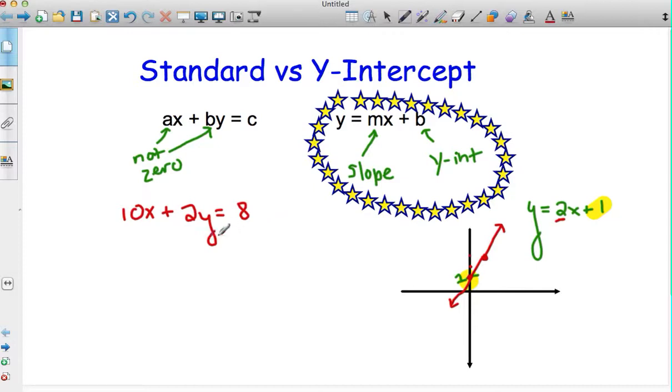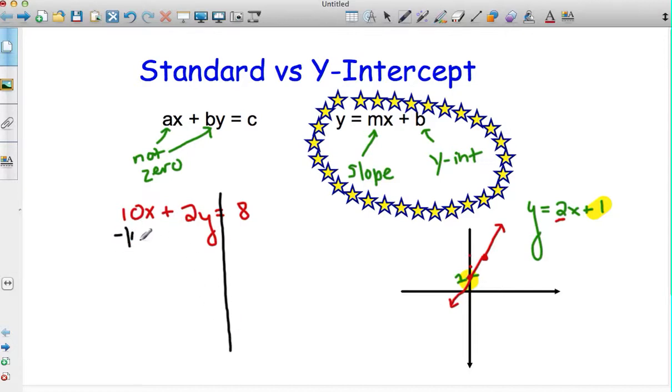If I were to ask you to graph this equation immediately, we wouldn't be able to pull out 2 points. It's not in the correct form to find the slope or the y-intercept. The best way to go about doing it in this standard form would be to make an XY table. The second best and maybe quicker way is to go ahead and solve for y. Let's change it into y-intercept form, which is what we're going to be practicing tomorrow in class.